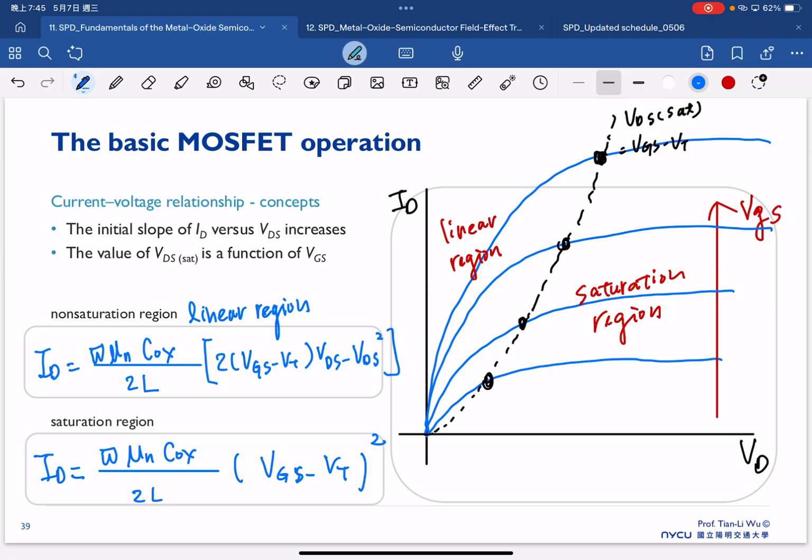So that's an analytical equation to describe the current in the linear or the saturation region. Since we have the physics-based understanding and now we have shown the current equation in the linear and saturation region, for sure the next stage is that we're going to derive this equation.